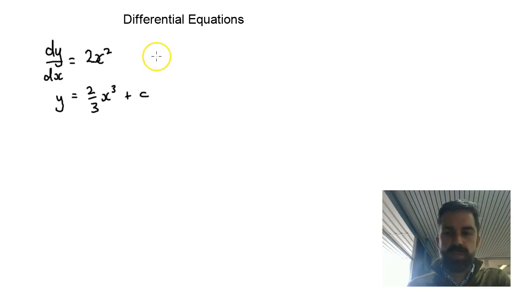When we look at more complicated differential equations, it's not quite that straightforward to solve. So for example, we might have dy by dx equals x squared divided by y.